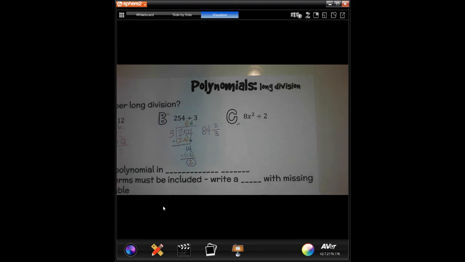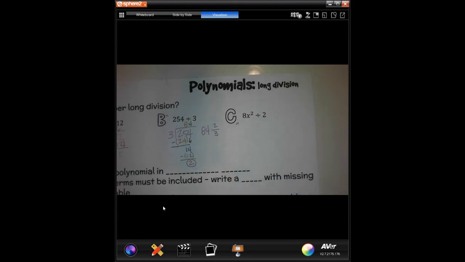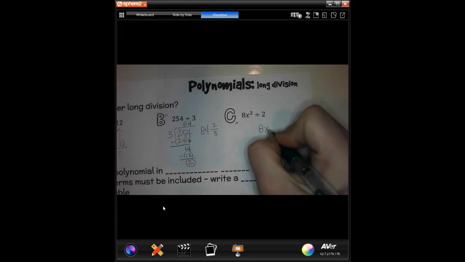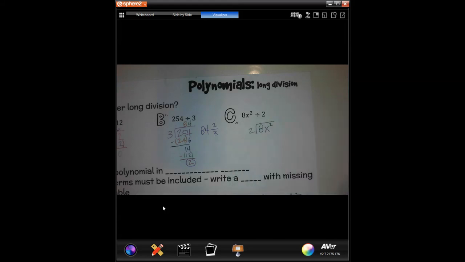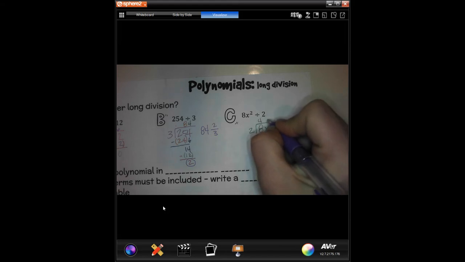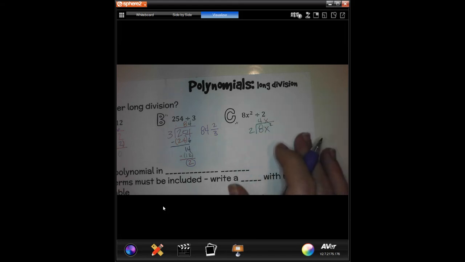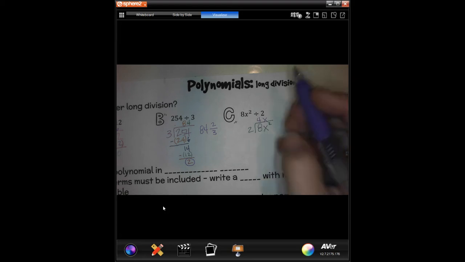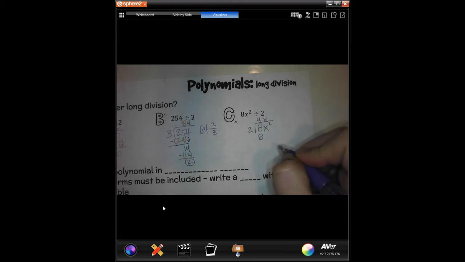I don't know if you guys remember, but in past classes we have done this with variables. So same thing, 8x squared underneath, divided by 2. What goes into this? That's going to be 4x. 4 times 2 is 8.